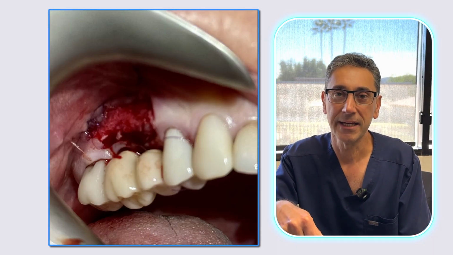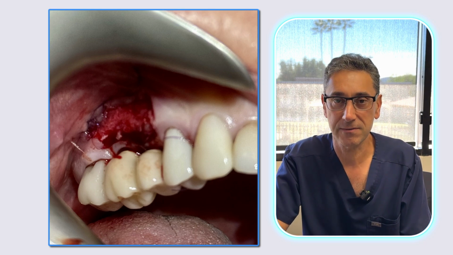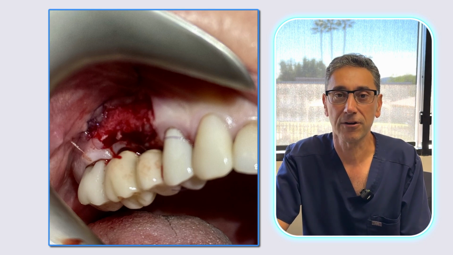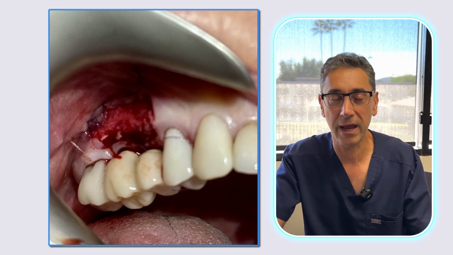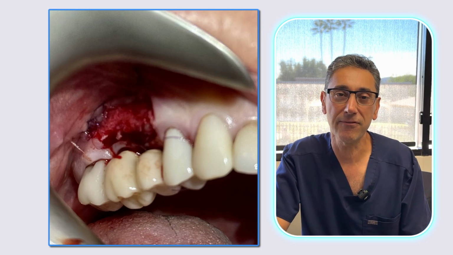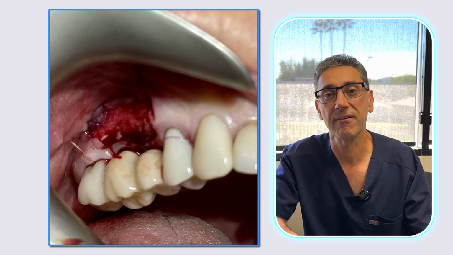As you can see, it's very, very important to remove all those muscle fibers. We're not going to leave anything there. We're going to remove the epithelium because that's insulation, so it should be away. And at the very bottom, we're going to suture the whole thing to the bottom of the vestibule.